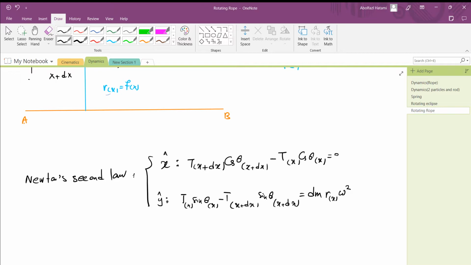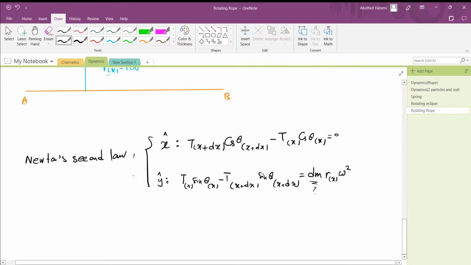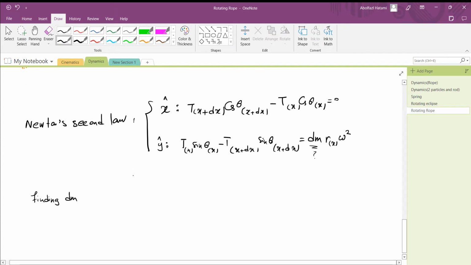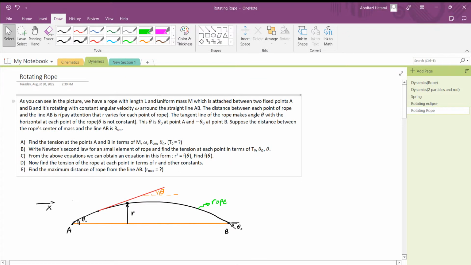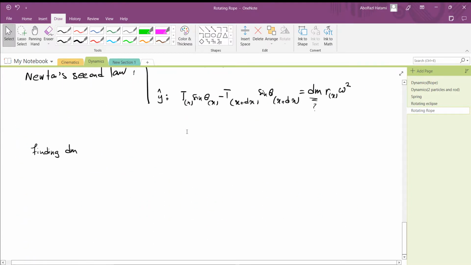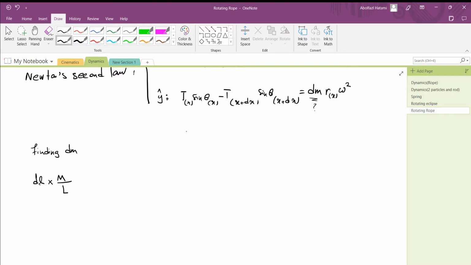Okay, now we should find what dm is. Because the question says that our rope has a uniform mass m, if we find the length of this differential element and multiply it by m divided by l, we can say that it is dm.